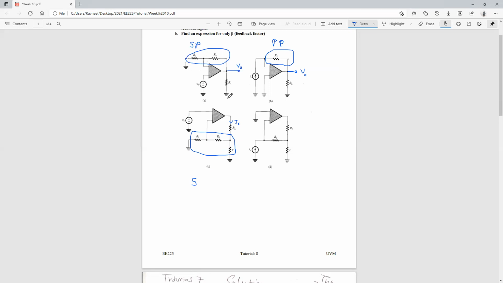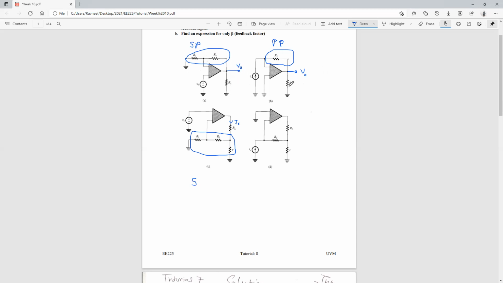So usually what I'll suggest is the variable that we'll be measuring will be associated to your load resistance. Load resistance is where your output will be. If your load resistance is in series with a beta network, you'll be basically sampling I0. If your load resistance is in parallel with your output, you'll be basically measuring V out. In this case, your RL was in parallel to your beta circuit, so you'll be measuring V out.